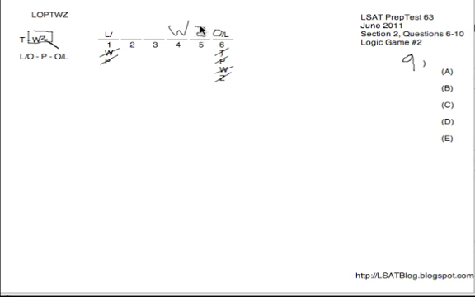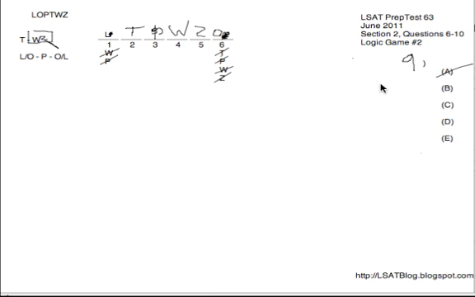Everything would still work fine. So I'm going to put WZ on 4, 5, put O on 6, just switching around 6B a little bit, and then putting L on 1, T on 2, and P on 3. This will actually help us eliminate a few things, because it's a valid scenario. So could we have L first? Yes, of course we can. So for that reason, A is eliminated since we're looking for what cannot be true.